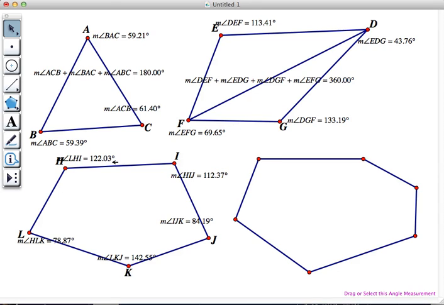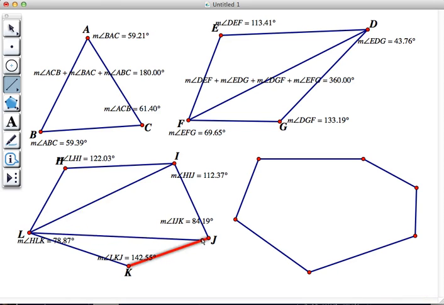Let's create some diagonals and make a prediction first and see what the computer has to say about all the interior angle measure. So I'm going to create this diagonal here, and I'm going to create this diagonal here, and you notice that we have three triangles then.